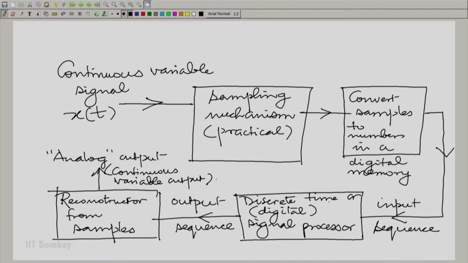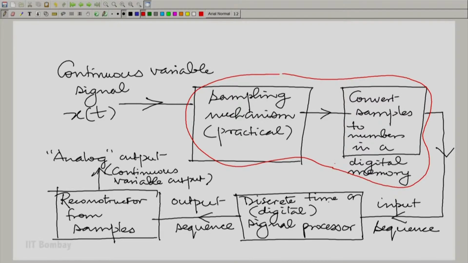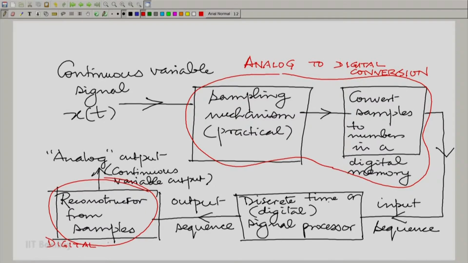Now, there are standard names for different parts of the system, which I am now going to identify. So, here you have a sampling mechanism, mind you, a practical sampling mechanism, and you take these samples and put them into a digital memory. This whole thing is captured by what is called analog to digital conversion, and this reconstructor from samples that you have here is termed digital to analog conversion.